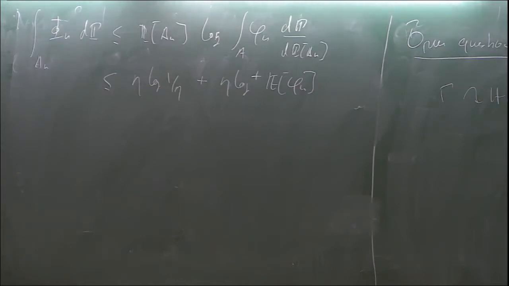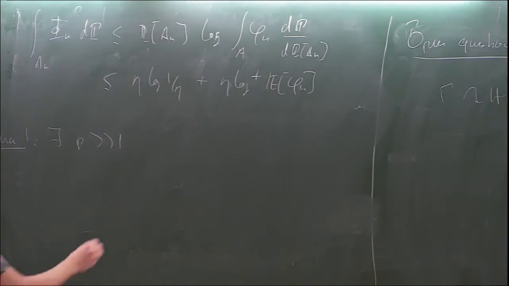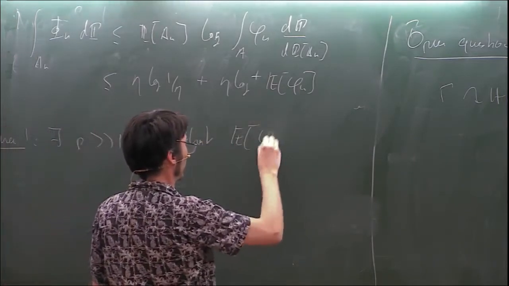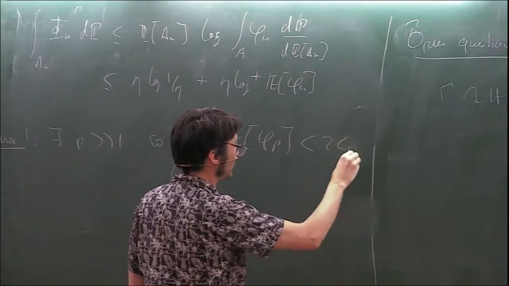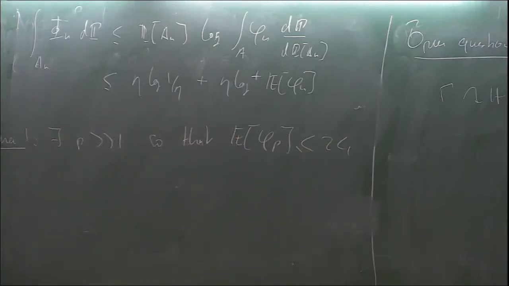And so the thing is that thanks to lemma 1, I know that I can find p very large so that the expectation of phi p is at most twice C1. Okay, because otherwise I wouldn't get an upper bound when I take the Cesàro mean by C1.